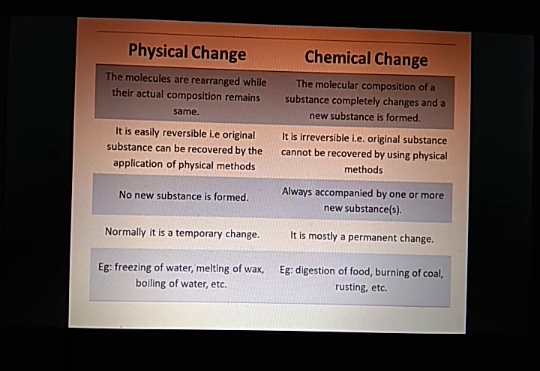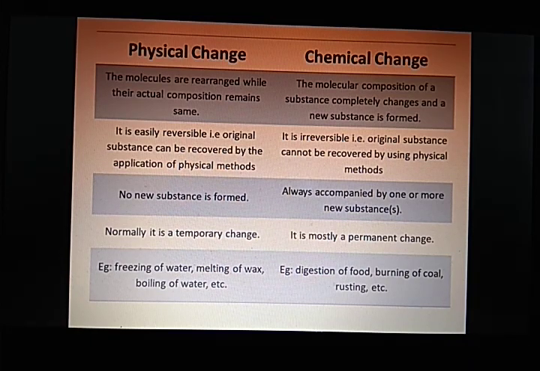Why am I saying that it's mostly a permanent change? Because if I'm considering a reversible reaction, then definitely between the initial and the final, a new product, a new composition, a new substance is forming.